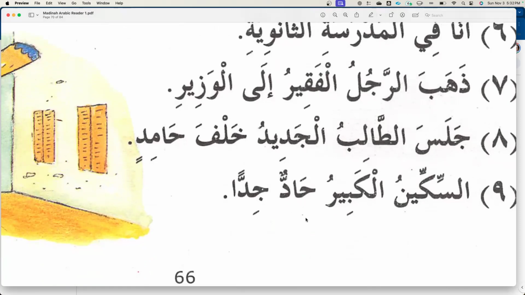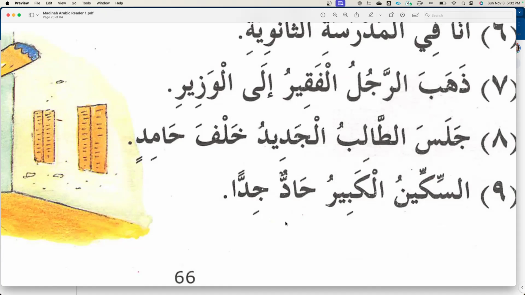حاد جدا. Jiddan means very. Had means sharp. So it's a new adjective for you. A knife is sharp, right?